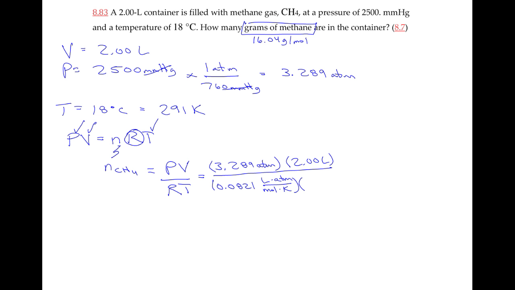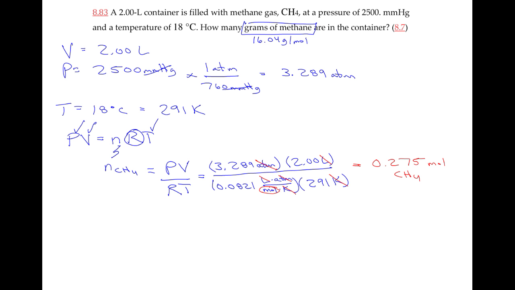And then I multiply that by my temperature in, again, Kelvin, 291 K. Now look, if you examine the units here, you can see the atmospheres and atmospheres cancel out with the gas constant, as do liters and liters, and Kelvin and Kelvin. So I'm left over with moles in the denominator of the denominator, which is going to bring them back up as a numerator, and I get 0.275 moles of methane. So that's how many moles of methane I'm going to obtain.